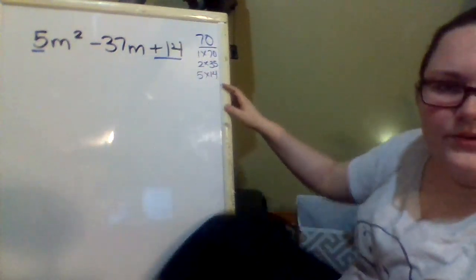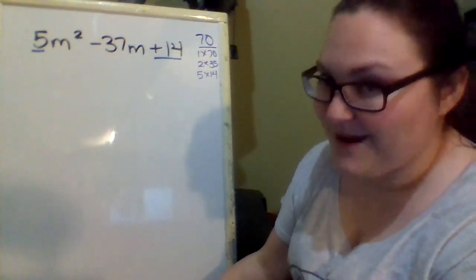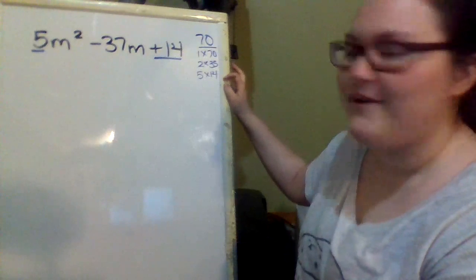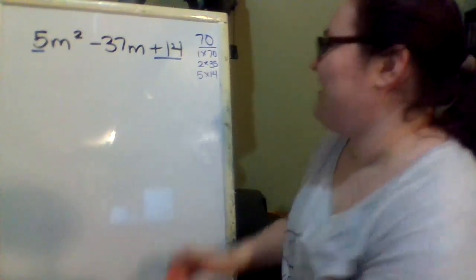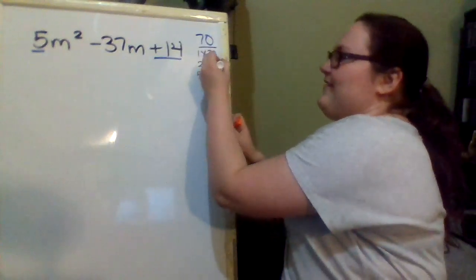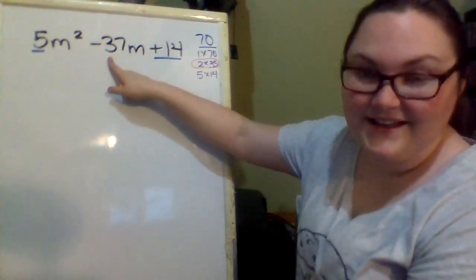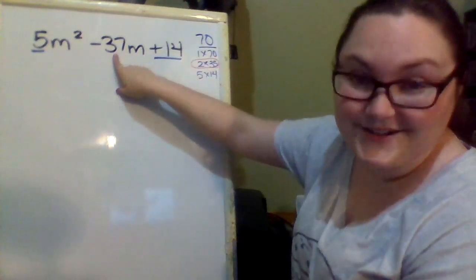Now, as you're going through your factors, as soon as you see a pair of numbers you think might be the pair that works, you don't have to keep going. So I kept going, but maybe you were like, oh, but wait, you've already found that pair of numbers. This 2 and 35 right here, I'm noticing, I'm trying to make a pair of numbers that multiplies to 70 and combines to 37.